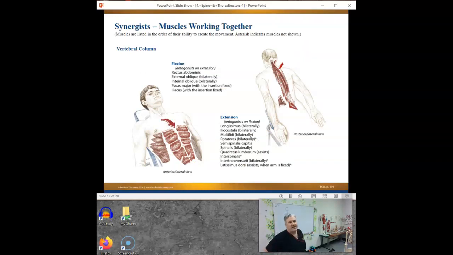But let's talk about the erector spinae group, whose main job is to keep you erect, to keep you upright. If both sides pull bilaterally, it causes an extension of my spine. I'm using these muscles right now to gently extend while my rectus abdominis is gently flexing to keep me upright.